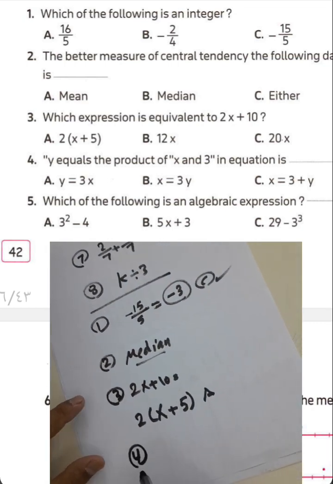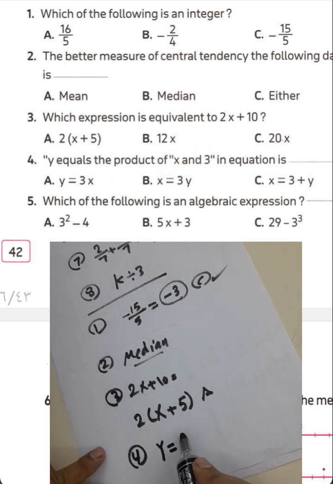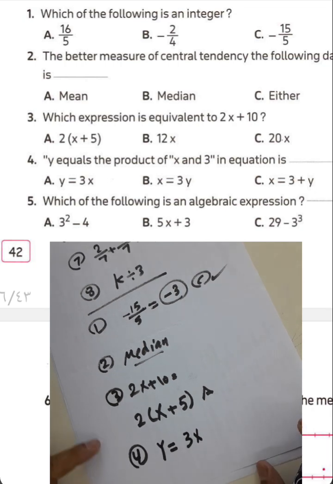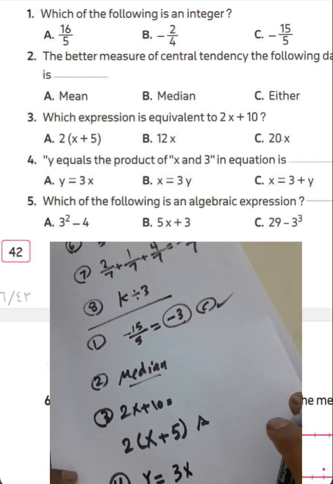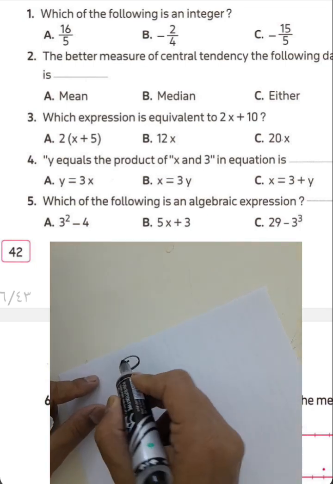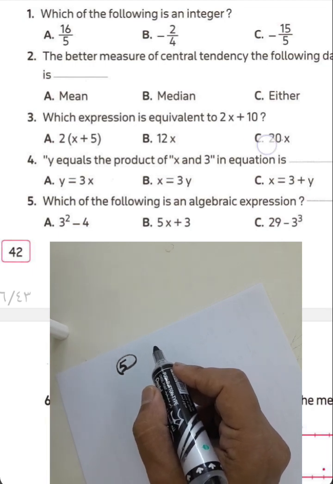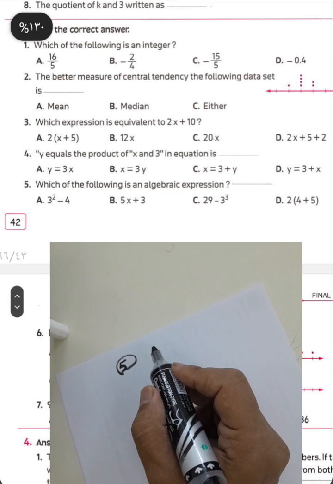Question 4. Y equals the product of x and 3. It will be 3x. Y equals 3x. Question number 5. Which of the following is an algebraic expression? An algebraic expression contains letters.